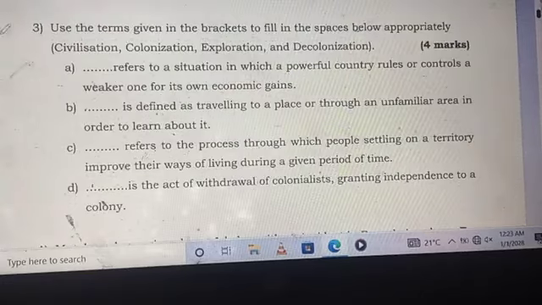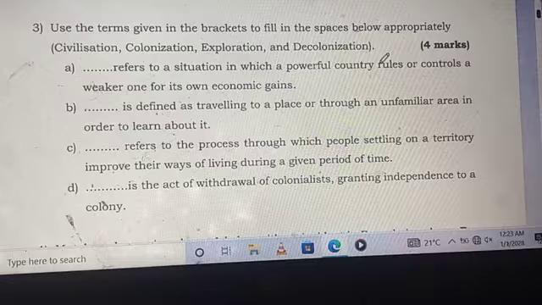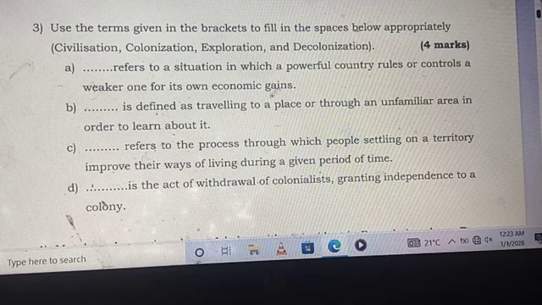Let's continue with question 3. Use the terms given in brackets to fill in the spaces below appropriately. Civilization, colonization, exploration, and decolonization. I. Blank refers to a situation in which a powerful country rules or controls a weak one for its own economic gains. What do you think?